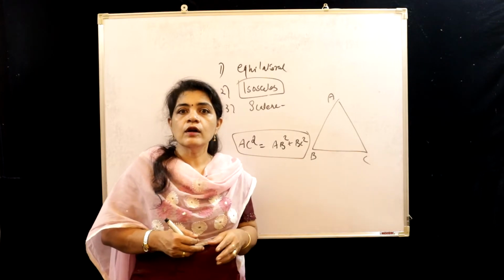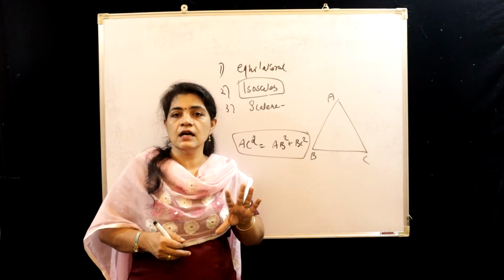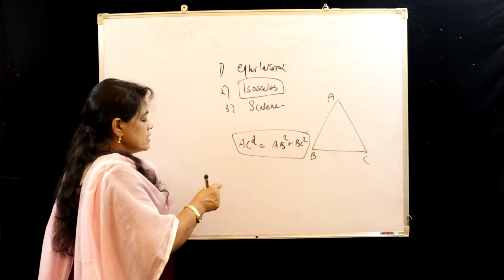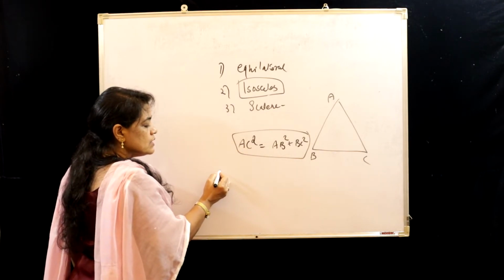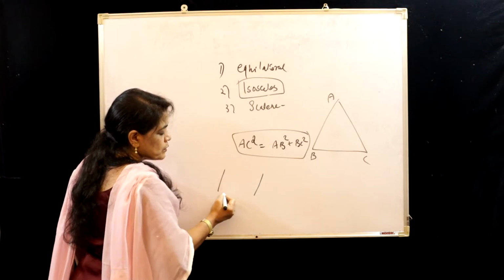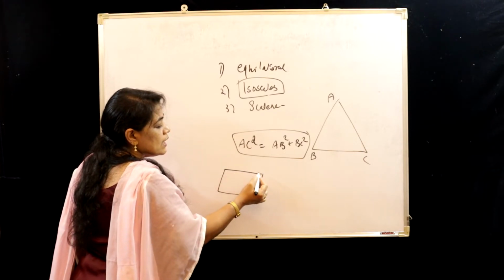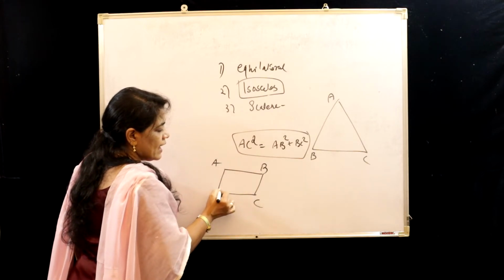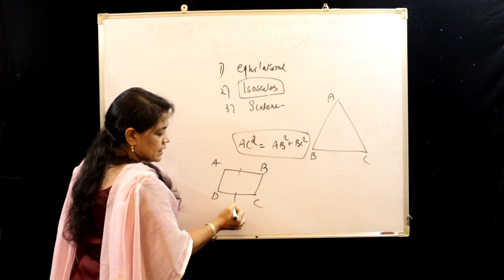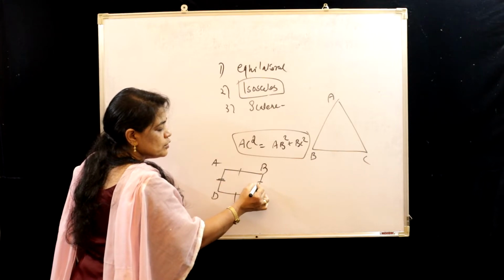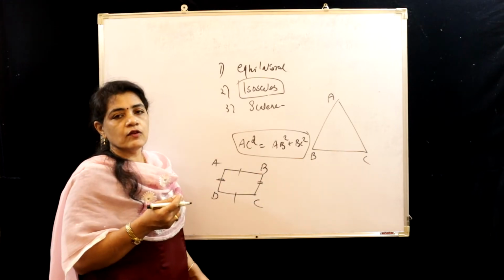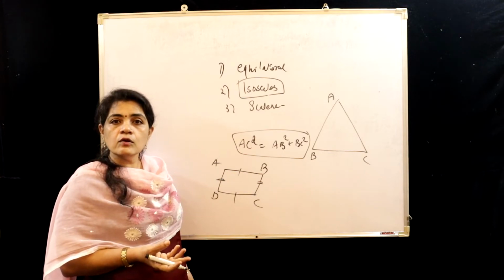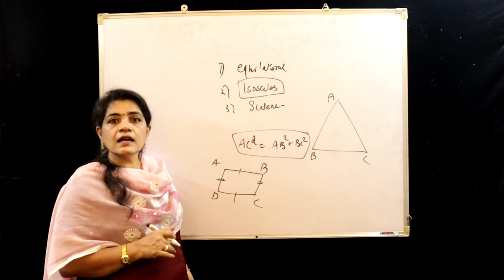Parallelogram means the opposite sides are equal and parallel. If it is ABCD, AB equal to CD and AD equal to BC, in that case it will form a parallelogram.